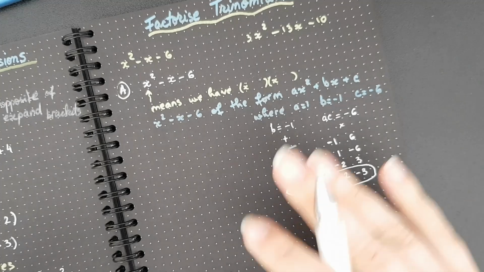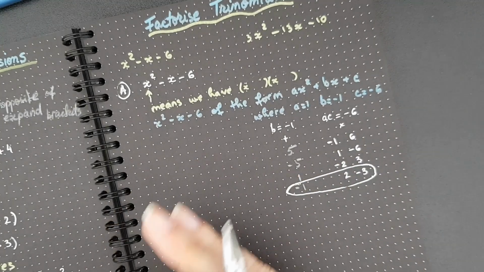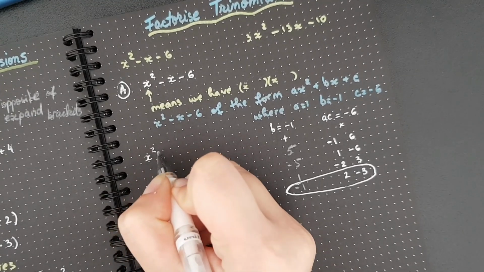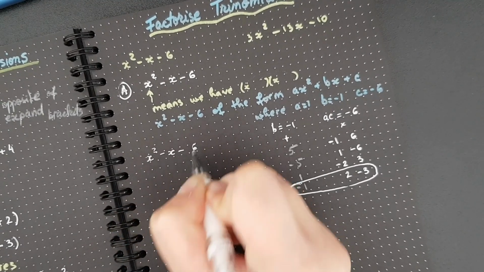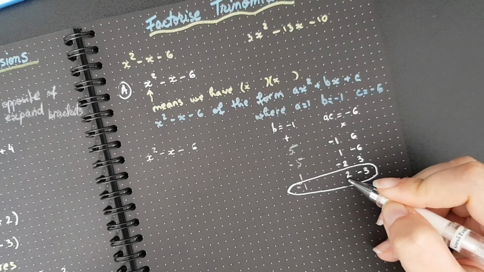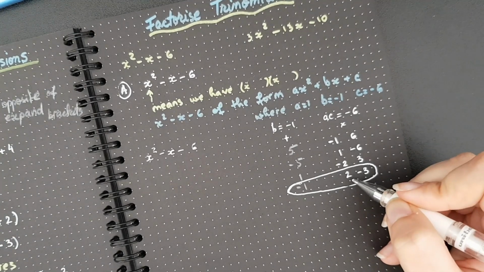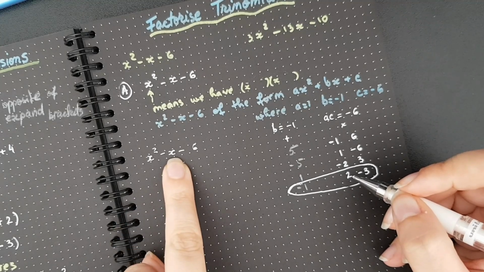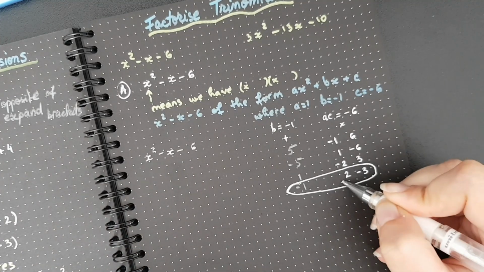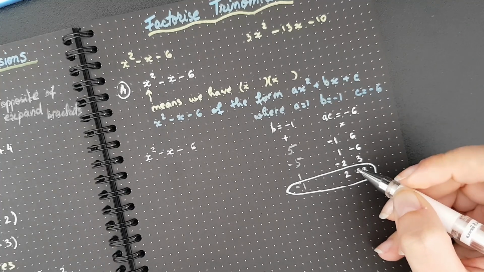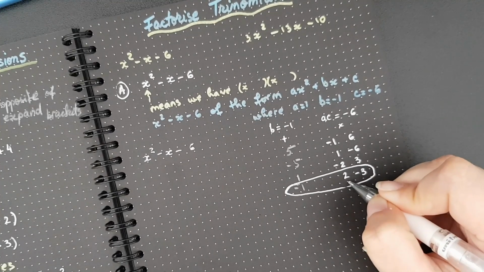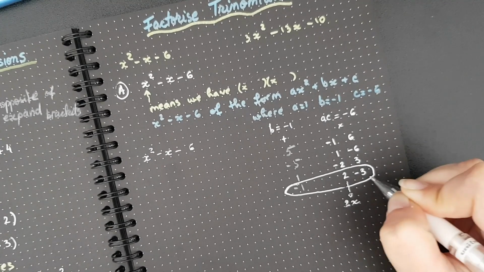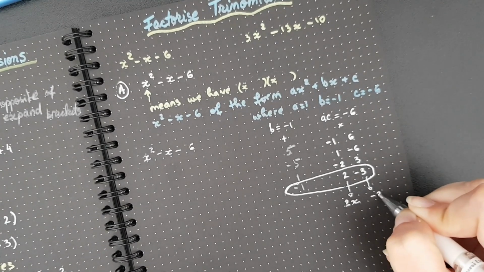And now comes the fascinating thing, which is going back from multiplying brackets. So I'm going to rewrite my expression, and I have to do something with the 2 and the 3. When I normally multiply brackets, I've got two terms that have x. I'm going to put these two numbers in and make the two terms that have x. So this 2 there is going to give me the 2x, and this 3 there is going to give me the -3x.